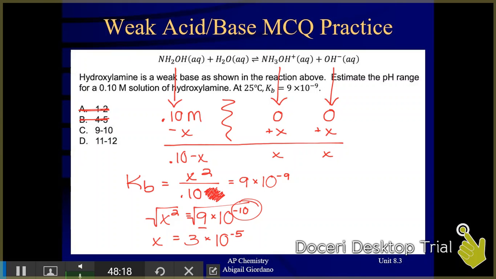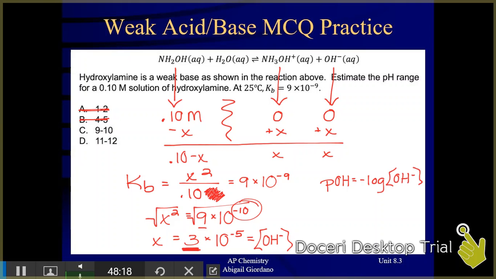And then what is this x? Remember, it is my OH minus concentration. You don't have a calculator, but guys, you can estimate this. You can. Okay. pOH is negative log of the OH minus. Okay, come back here.